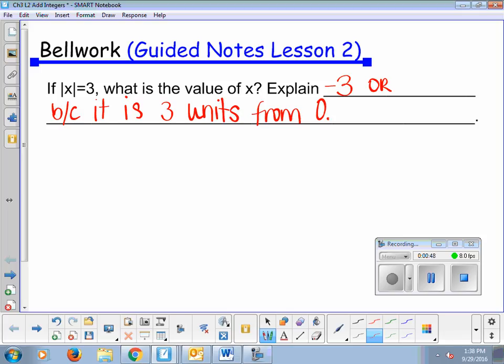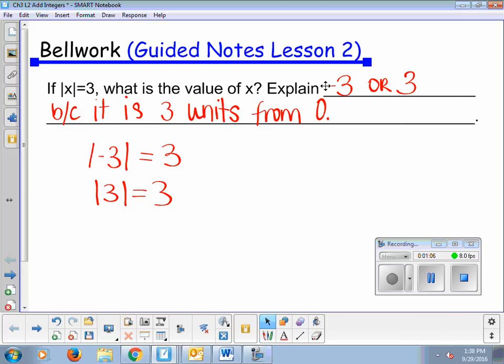What other value is 3 units away from 0? +3. So, since we're having the absolute value of x, the absolute value of -3 is 3, the absolute value of +3 is 3, because it's the distance away from 0. Both of these values are 3 units away from 0.